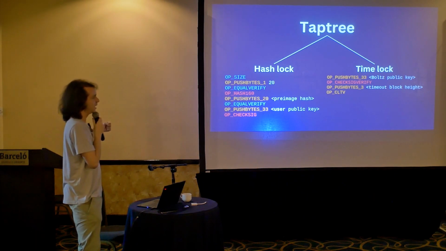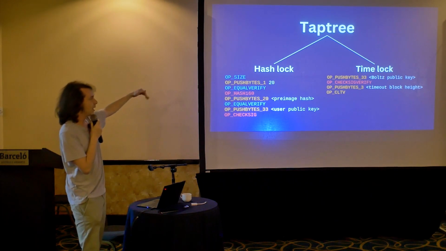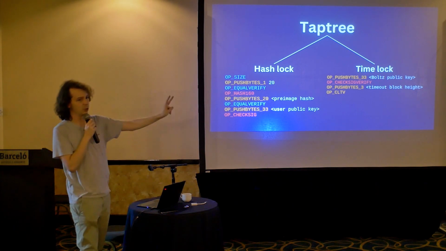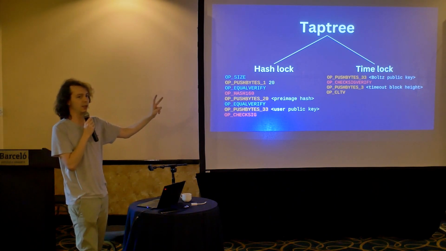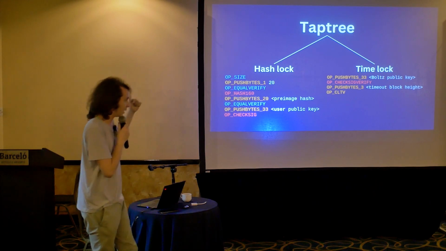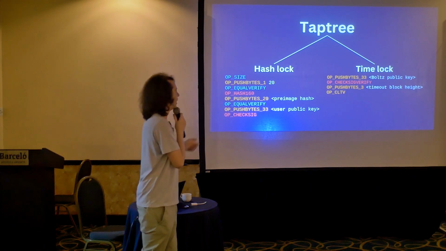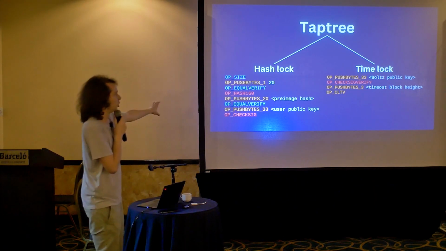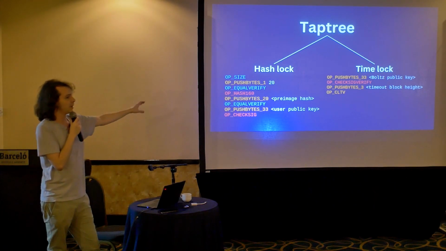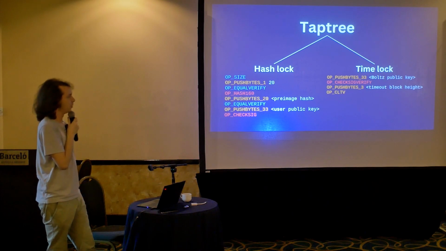Our tree is not deep. There's just one layer to it because we only have two branches, two different possibilities to execute things. The left side is the hash lock and the right side is the time lock. And if you look closely, those two are basically the if and the else path that we had before.